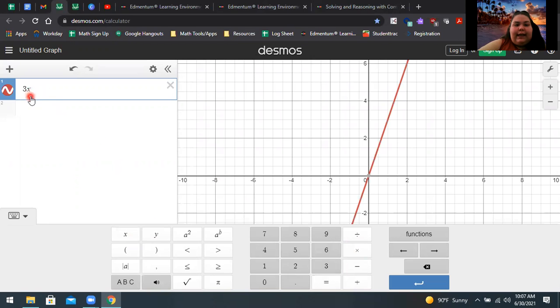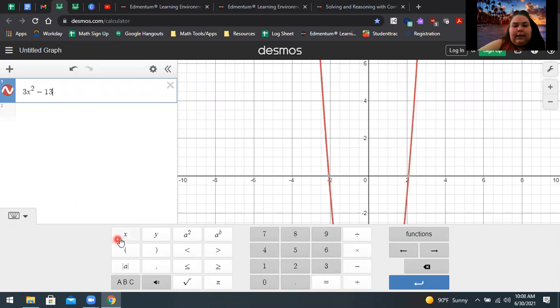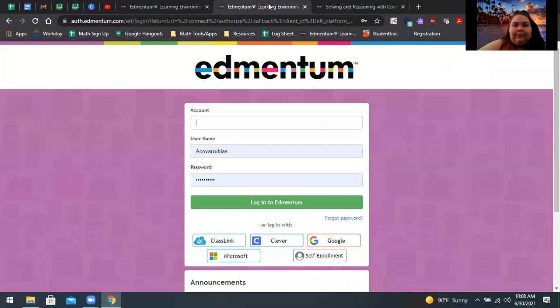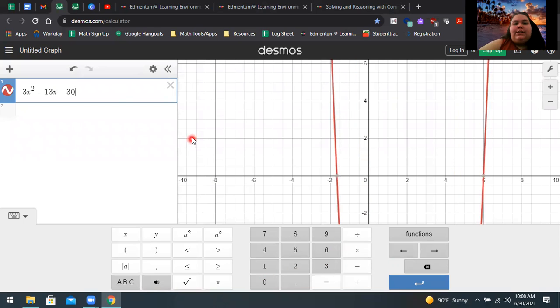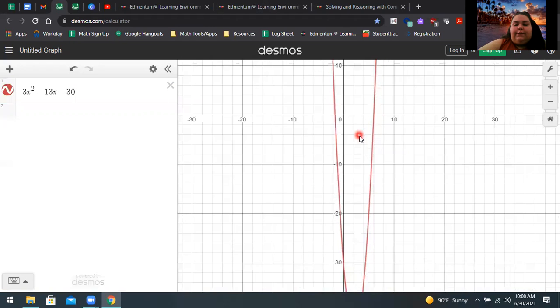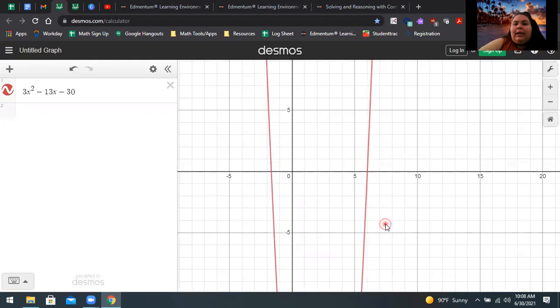Now I want to make sure that x is squared, so I'm going to click on this a squared. 3x squared minus 13x, and what do we have? Minus 30. Oops, again clicking on the wrong tab. Minus 30. Now, did you see? I didn't have to include the equal to 0. The equation is more than enough. Again, you would probably want to swap out the equal to 0 for equal to y.